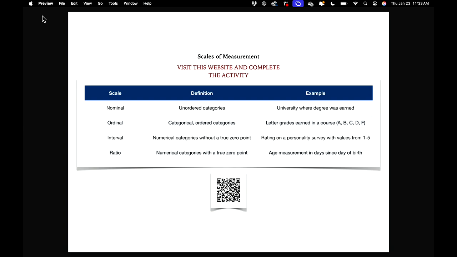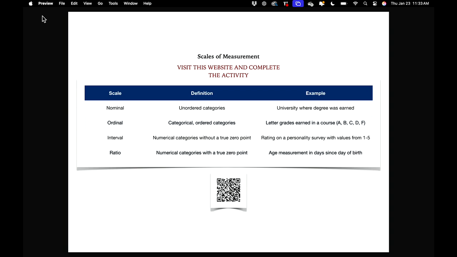Then we have ordinal data, and this is names, but they're in order. So A, B, C, D, F, for example, would be an ordinal. We know that A is more than B, but we don't really know. There's not really kind of an equal spacing between those.